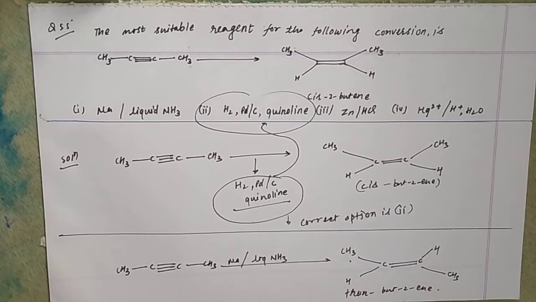So in case of the reagent sodium in liquid ammonia, it will give trans butene, and in case of H2 on palladised charcoal, it will give cis butene. So this is all about this video, and next video I'll make for the other question.